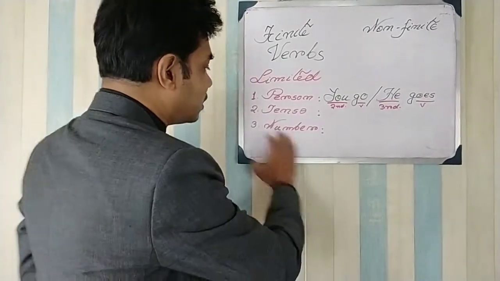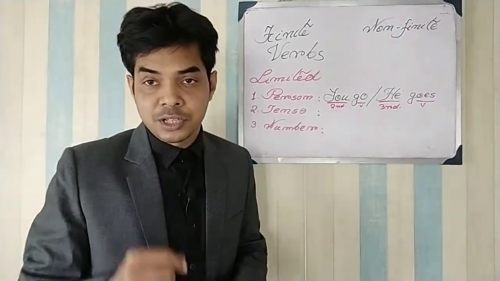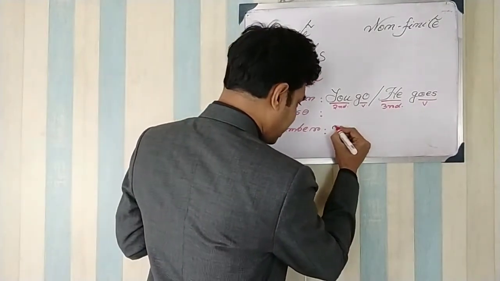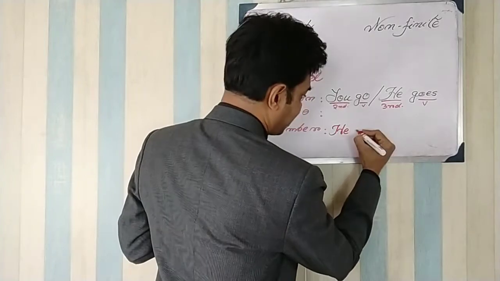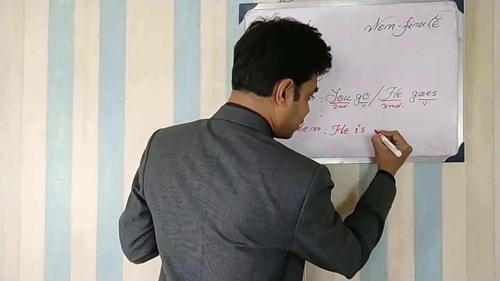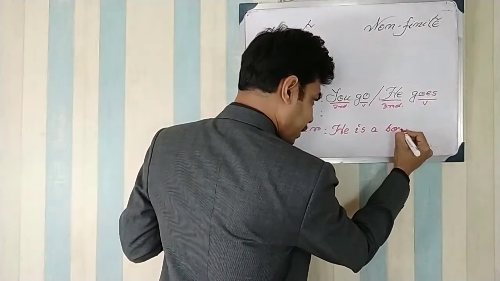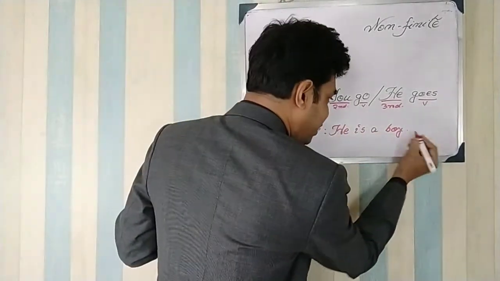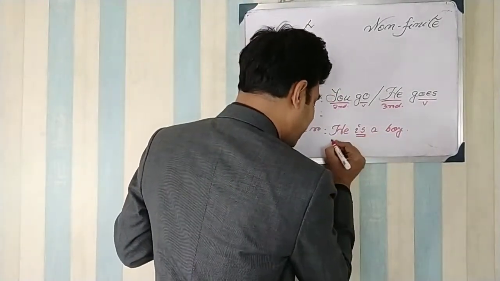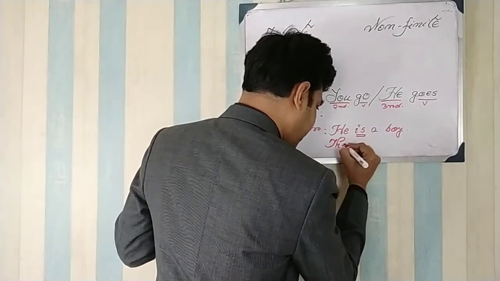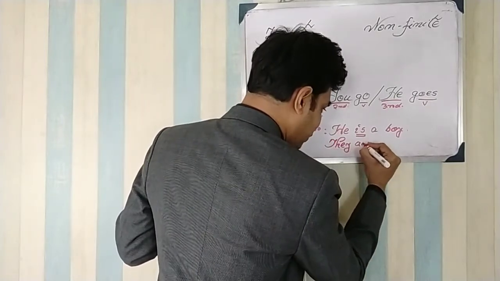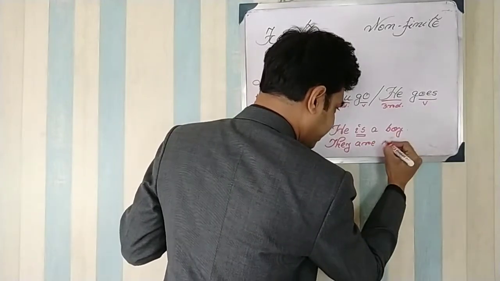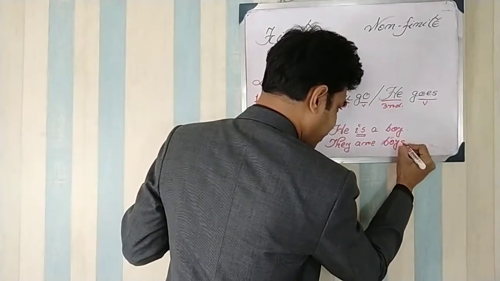Then comes number. Suppose you have written this sentence. He is a boy. So here I have used is. Now if I say they, now I would use they are boys.